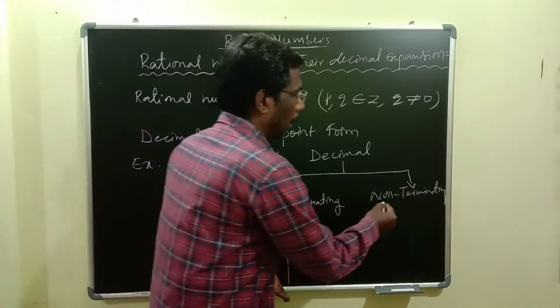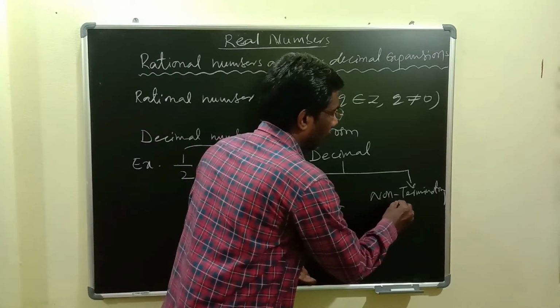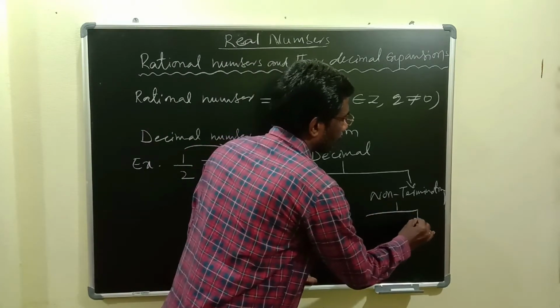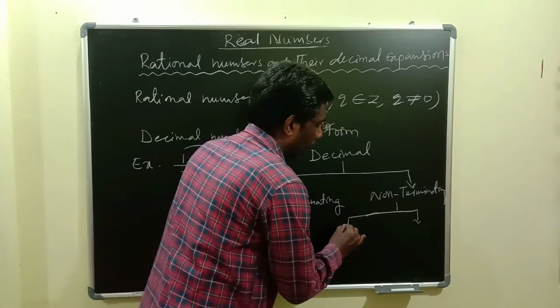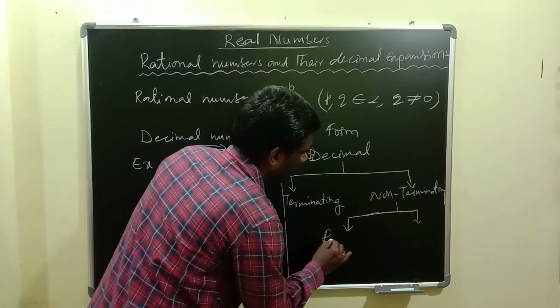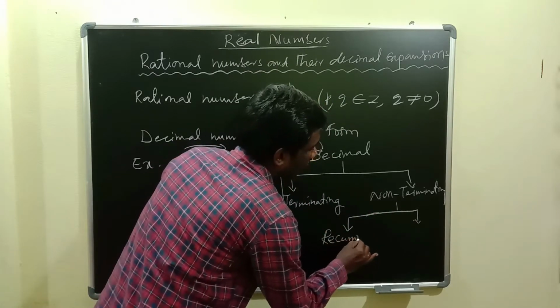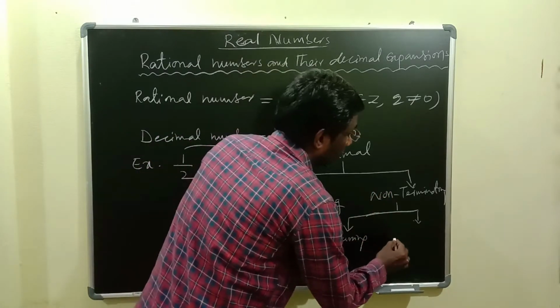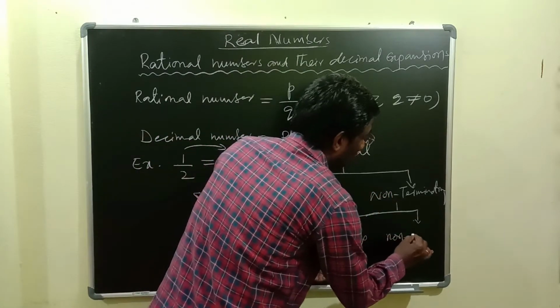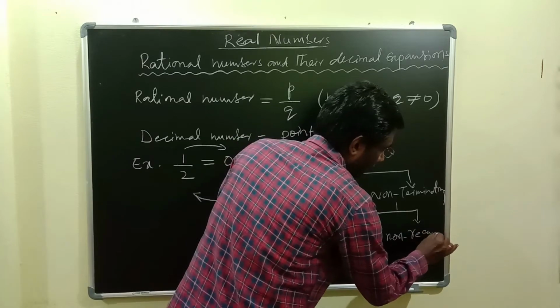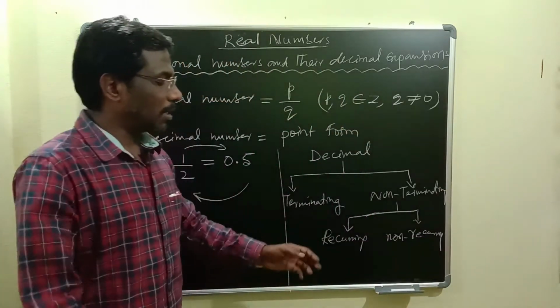Non-terminating decimals which have no end can again be divided into two types. One is recurring decimals and another one is non-recurring decimals. What is recurring?